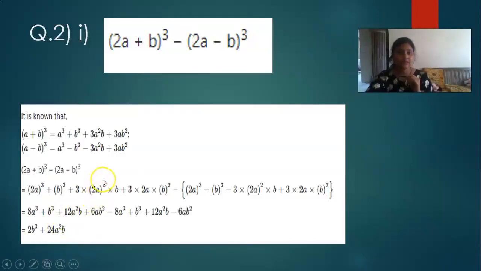This a has power 2, so it is a square b, plus 3 2s are 6, ab square. This b is square, so it is 6ab square. Here the minus sign stays as it is. What is the power of 2? 3. So 2 2s are 4, 4 2s are 8, 8a cube.